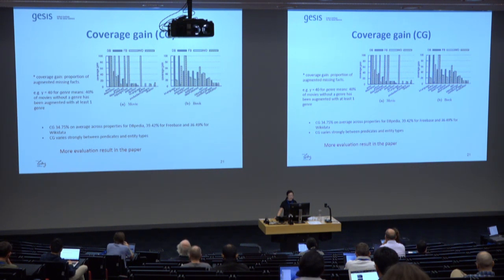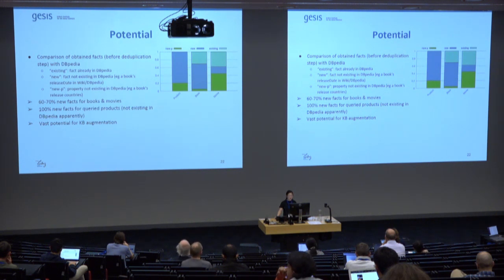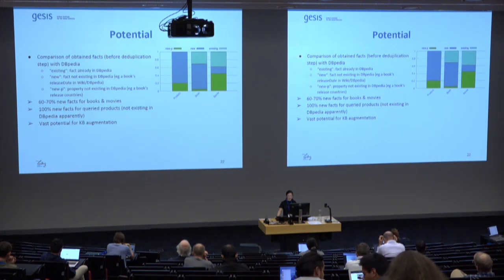There are more evaluation results in the paper, and we also evaluate the potential of this approach. We notice that we can find a lot of new facts for properties already used by DBpedia, and we can also find new facts for long-tail properties that are not used by DBpedia yet.